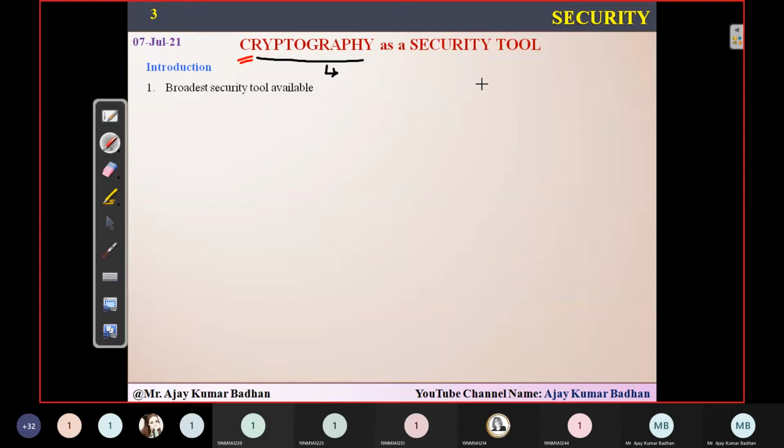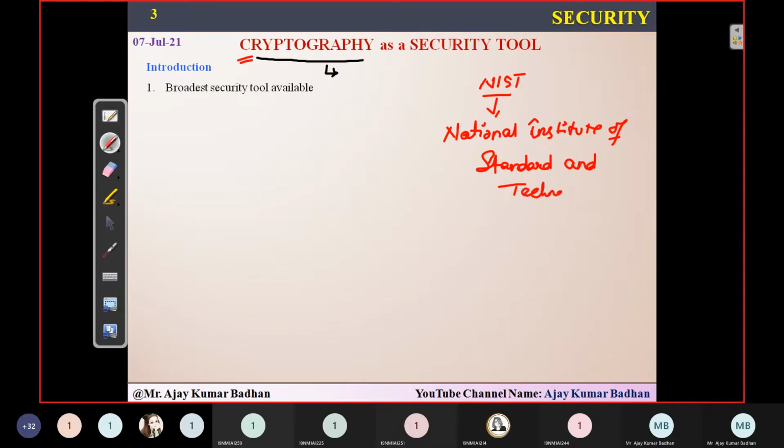We have different organizations here. We have something called NIST, National Institute of Standards and Technology. They are the ones who actually developed this cryptography.